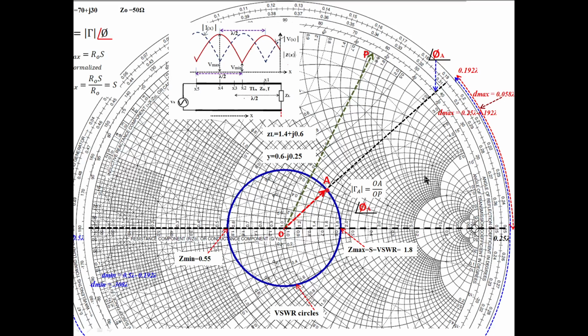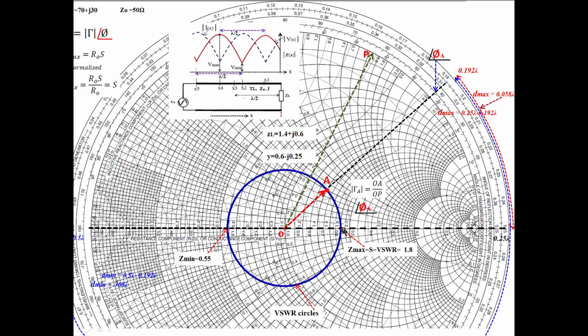Earlier we were finding the distance d maxima. Here d maxima is not given. If the load is given, then we can find d maxima. But in the other way, they will provide a VSWR value of 1.82. Draw the VSWR circle, and we know here is the maxima.